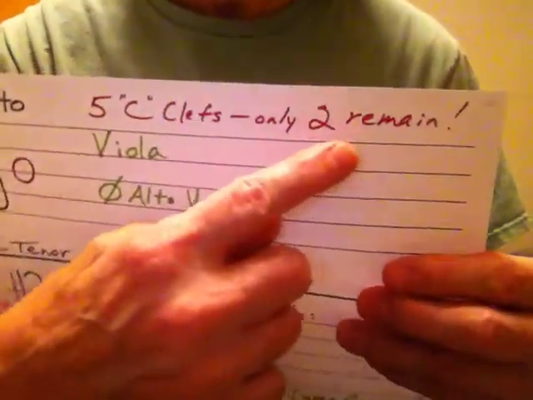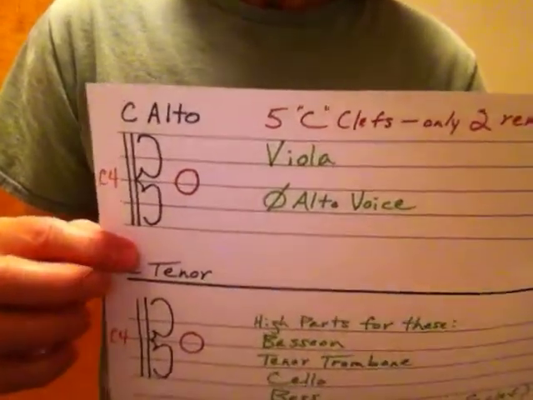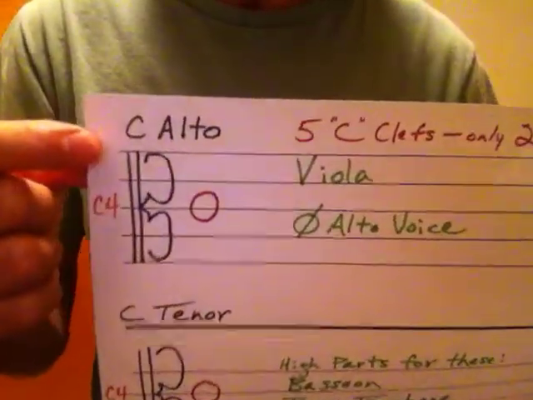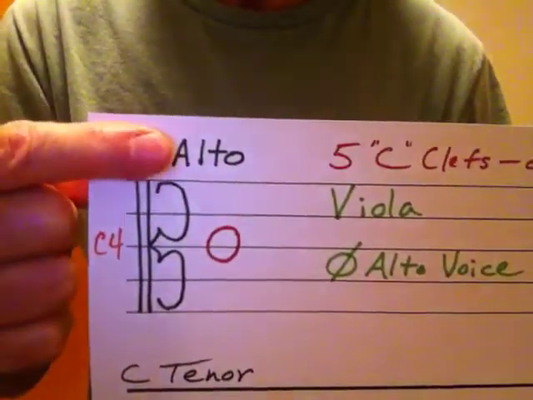And I got rid of the G clefs and the F clefs completely. But there used to be C clefs, and there were 5 of them. There were 5 clefs and only 2 remain. One of the remaining C clefs is the C alto clef. It looks like this.